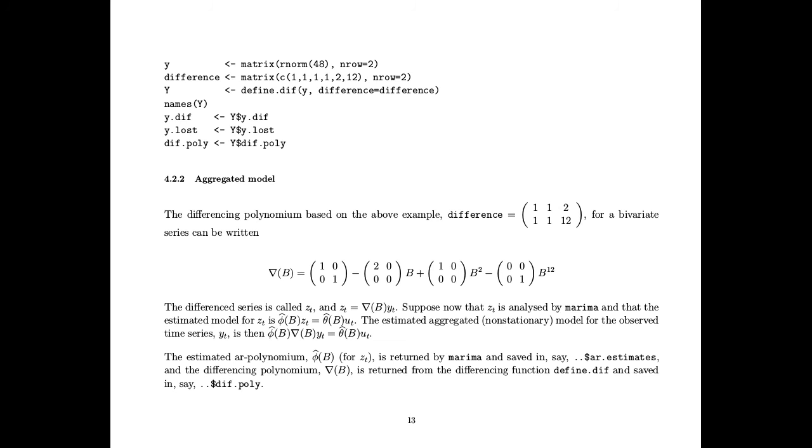If you just do this in a univariate setting, this is 1 minus B times 1 minus B on yt. So what do you get?